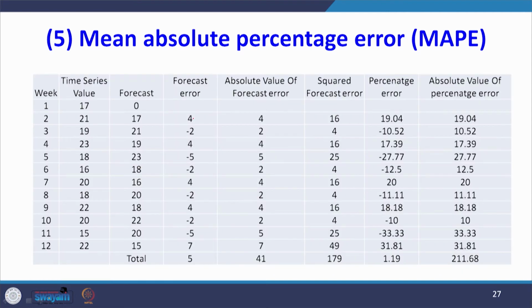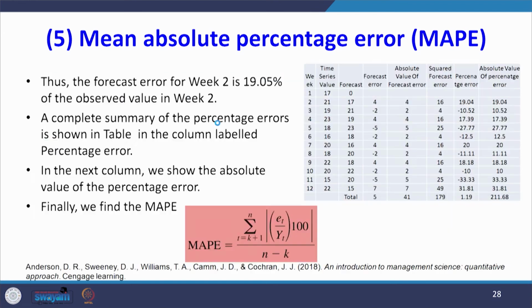See this, the error is 4, the actual value is 21. So, 4 upon 21 multiplied by 100, you will be getting 19.04 percent. Like this, we can do for all 12 weeks. Thus, the percentage error for week 2 is 19.05 percent, this one.